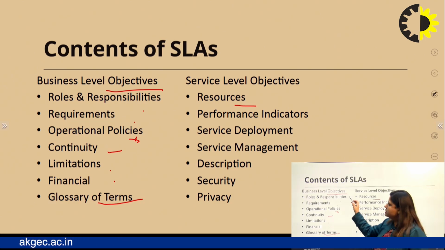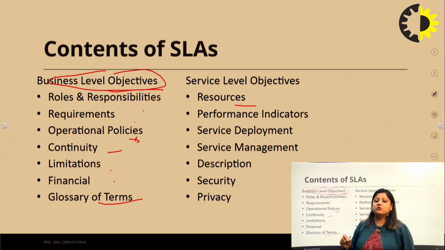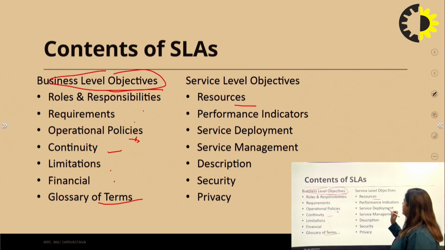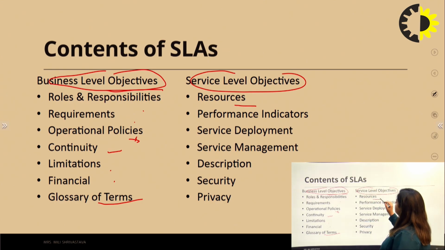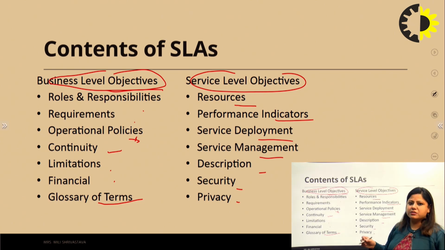These are the contents of SLA, which is based on business level objectives. And in case of service level objectives, they provide resources, performance indicators, service deployment, service management, description, security, privacy, etc.